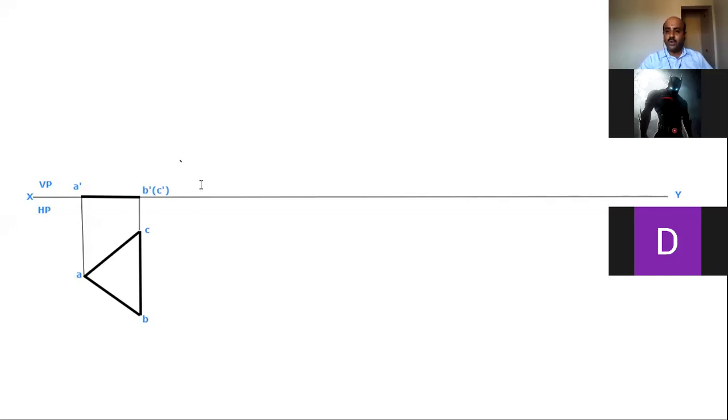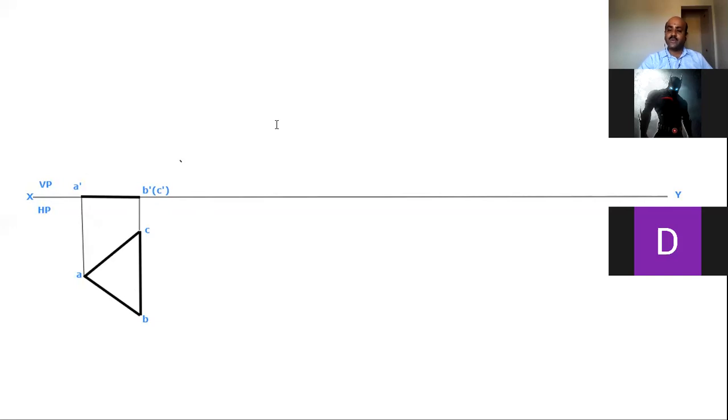So we have to satisfy this condition in such a way that the corner A is touching HP, that is the XY line, and the edge BC, that is B dash and C dash, is 15 millimeters above HP.